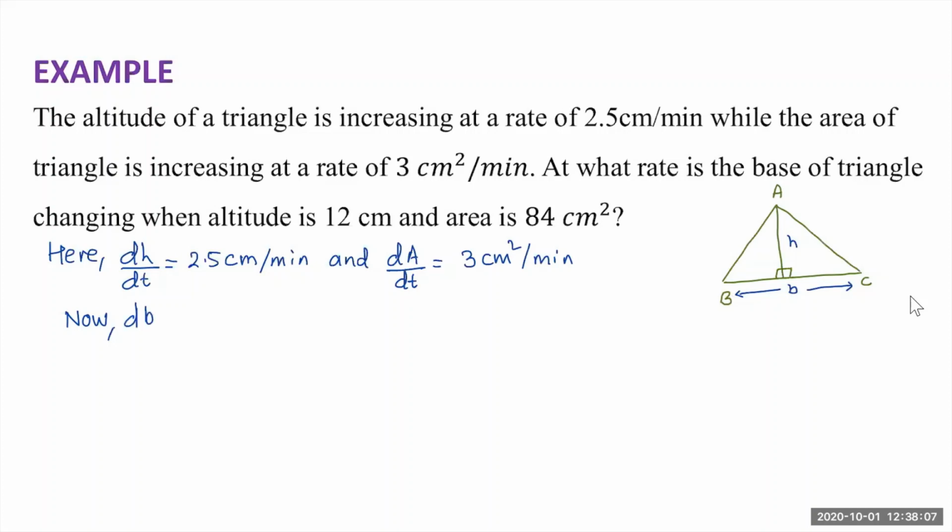So at what rate is the base changing? dB over dt, the change in base with respect to time, is how much? We are calculating this when the altitude, the height, is 12 centimeters and the area is 84 centimeters squared.